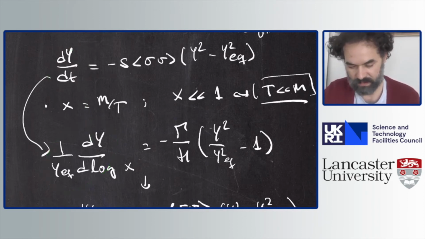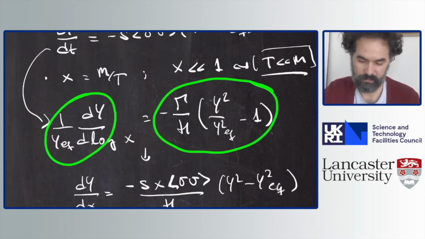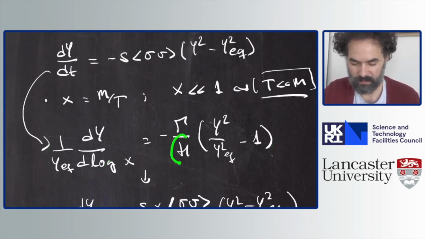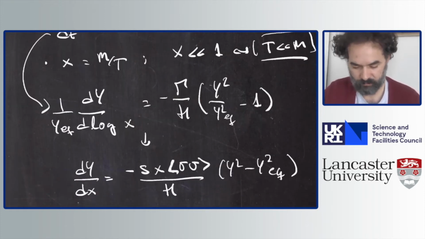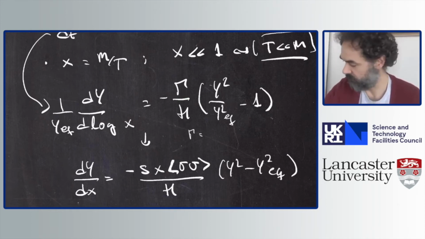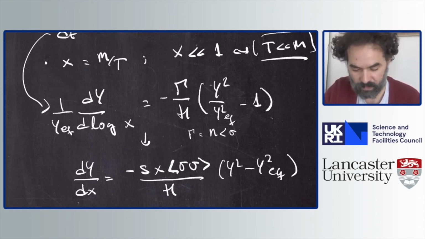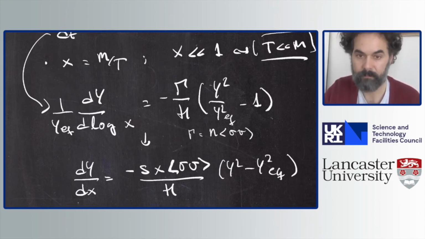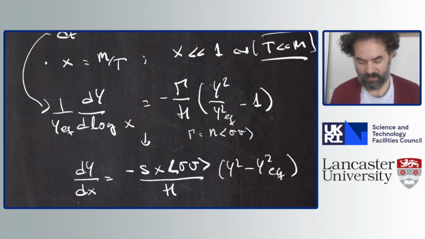The left hand side is the same, and I have introduced a rate, gamma, and you can verify that in this equation the Hubble function appears, and this rate gamma is what we have defined before, nothing but number density multiplying average cross section. Okay, very good. So we are ready for the final formula.